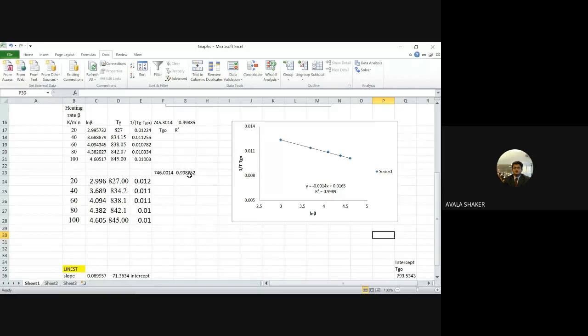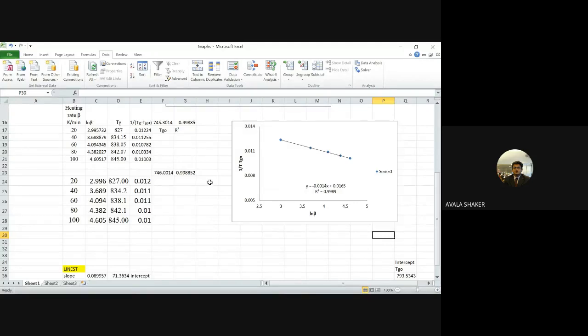This is almost the same. So we have used what-if analysis to find something from the graph.